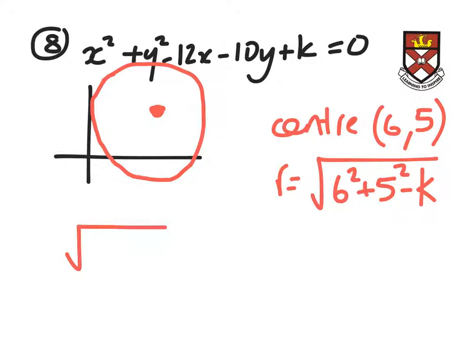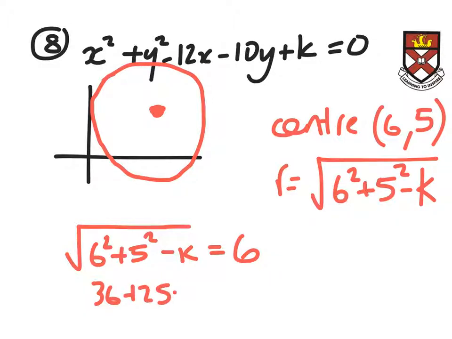So we need to solve 6 squared plus 5 squared minus k is equal to 6. How do we do that? We get rid of the square root. So 36 add 25 minus k equals 36. And if we get rid of the square root and solve that, we're going to get an answer k equals.